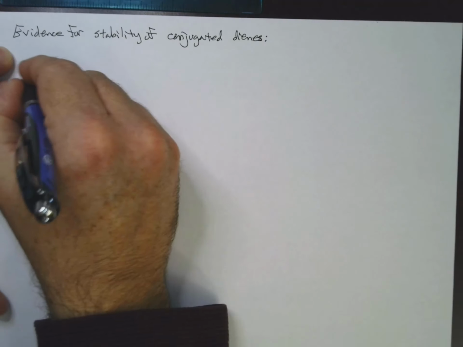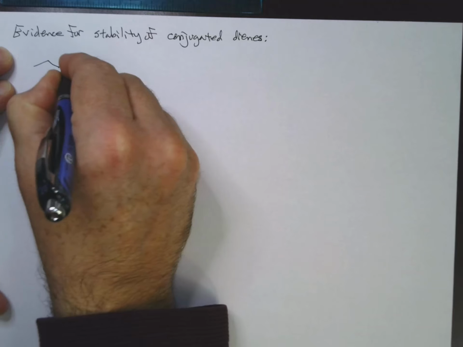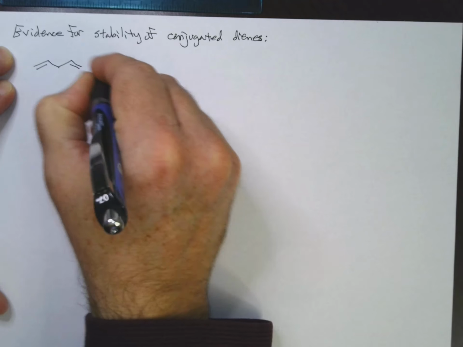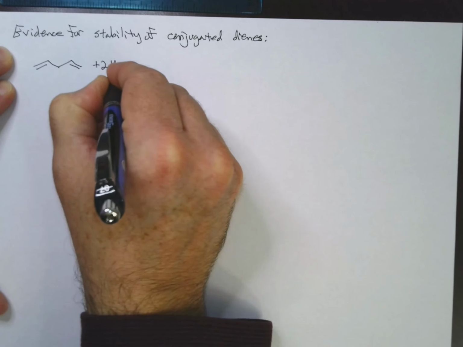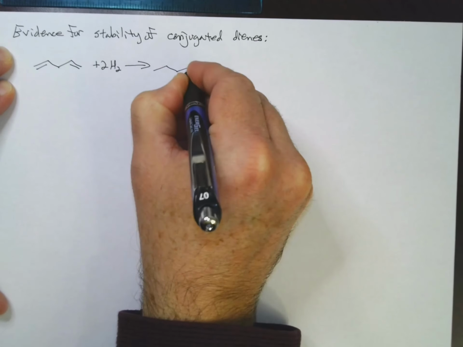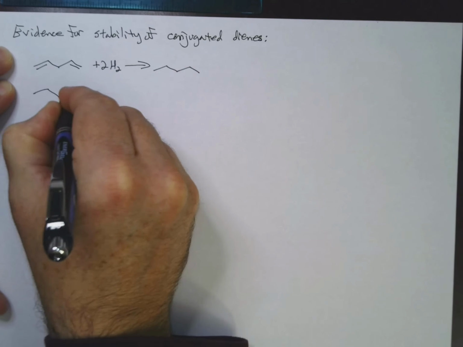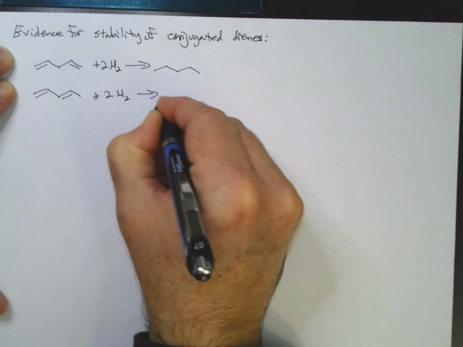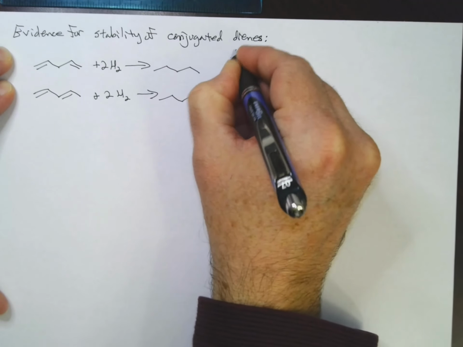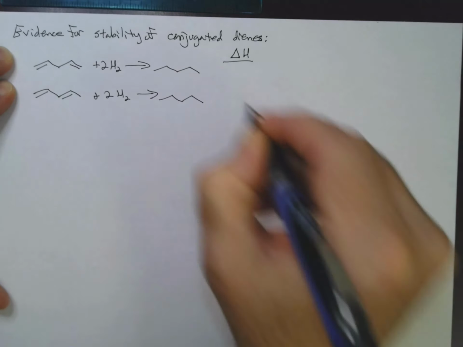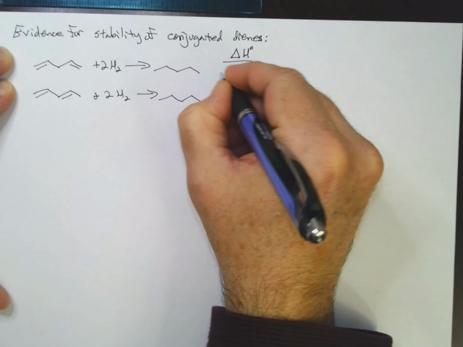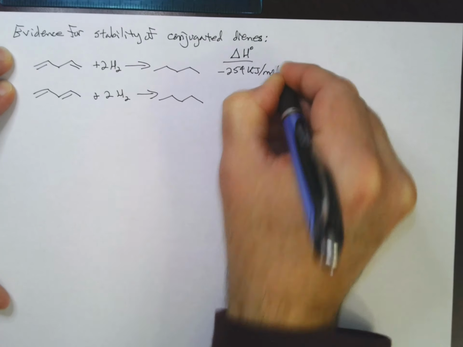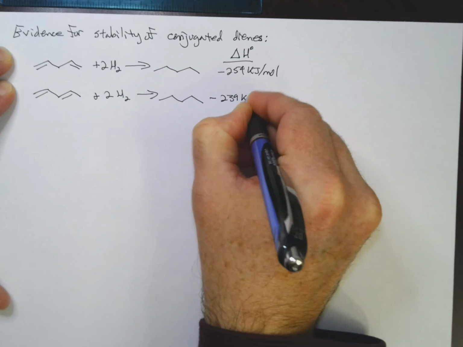If we looked at the hydrogenation of 1,4-pentadiene, which is this guy here, and compared it to the hydrogenation of 1,3-pentadiene, our enthalpy values, or delta H naught, are minus 254 kilojoules per mole and minus 239 kilojoules per mole.